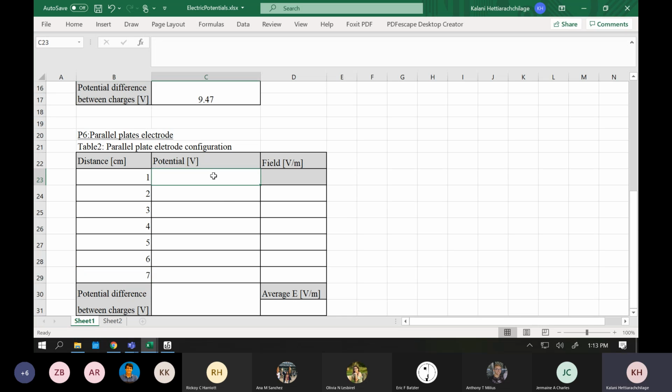In meters, and potential on the first line is 1.08, 2.30, 2.70, 5.1, 6.41, 8.3. And the total voltage we supply is 9.